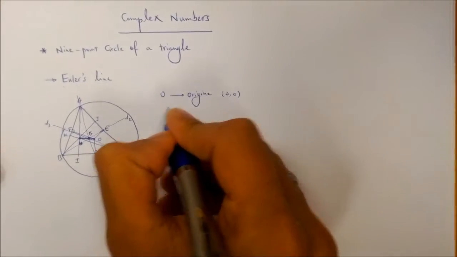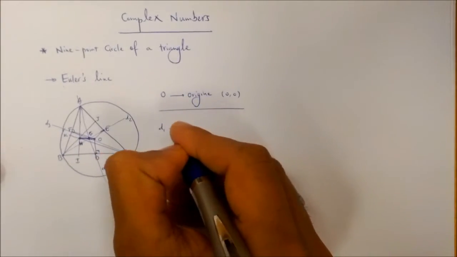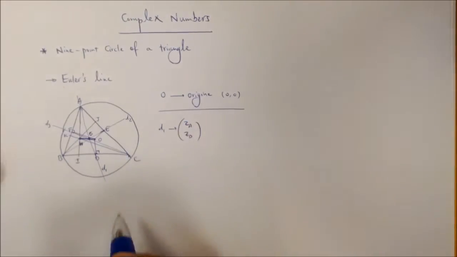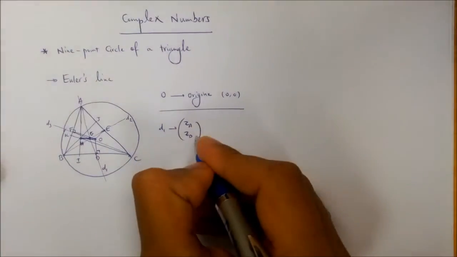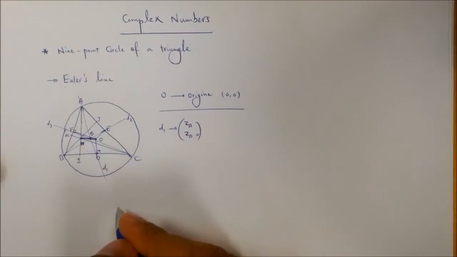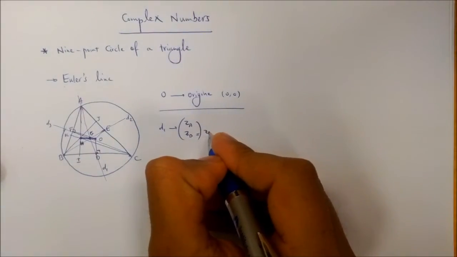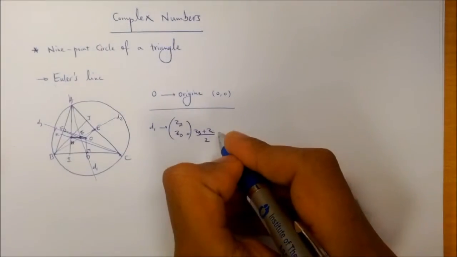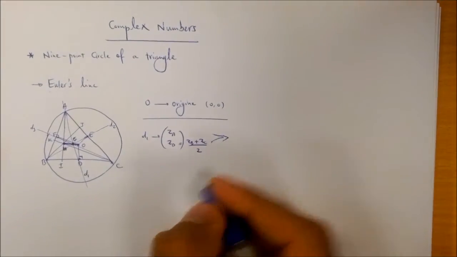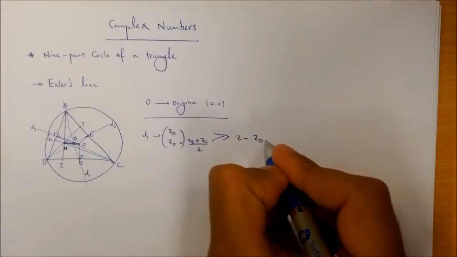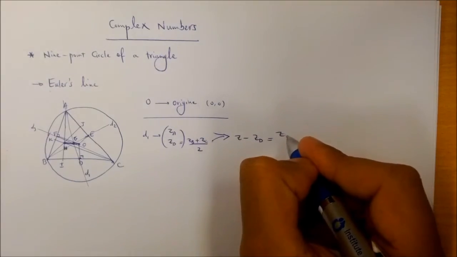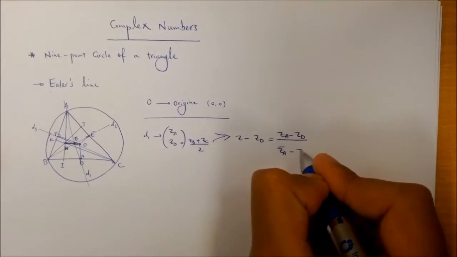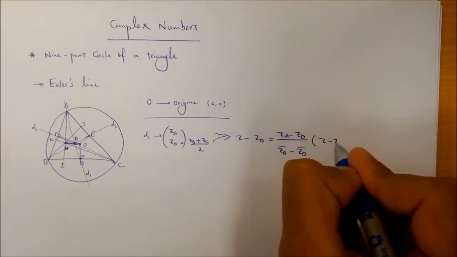So if I consider, for example, D1 passing through Z of A and Z of D, we know that D is the midpoint of the line segment BC. So Z of D is simply (Z of B plus Z of C) over 2. So the equation of the line passing through these 2 points is Z minus Z of D equal to (Z of A minus Z of D) over (Z of A bar minus ZD bar) times (Z bar minus ZD bar).